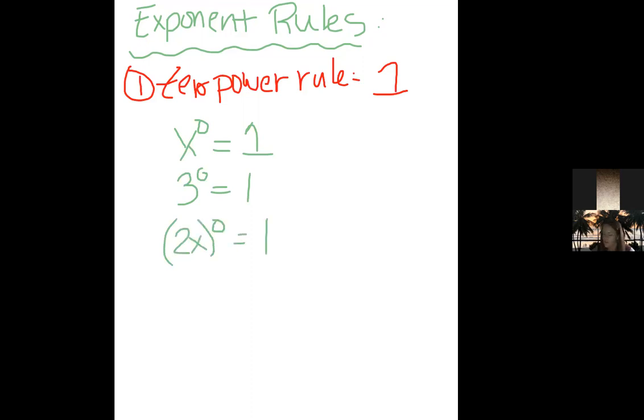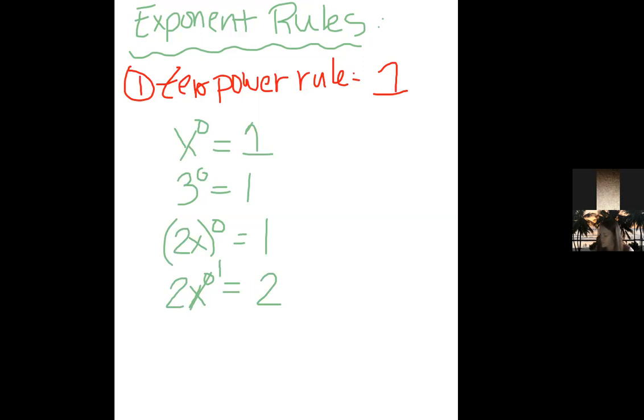But be careful, if it was 2x to the 0 power, without parentheses, it would be 2, because the x to the 0 power is a 1, but not the 2. There's no parentheses here, so that 2 is not being taken to the 0 power. So just be careful of that. They try to trick you with that sometimes. Okay, I think those are all the examples of the 0 power rule. So the big takeaway here is it equals 1.